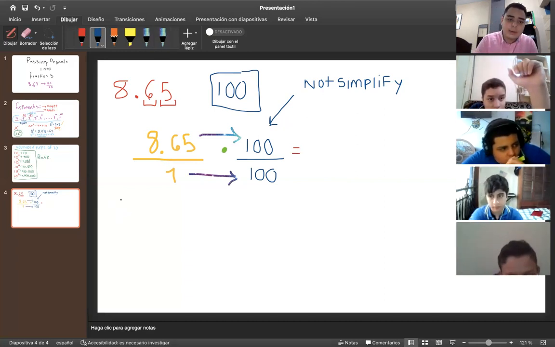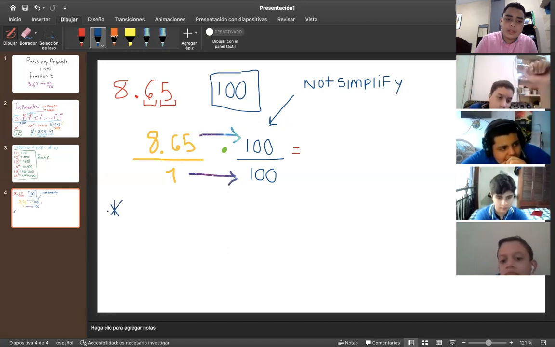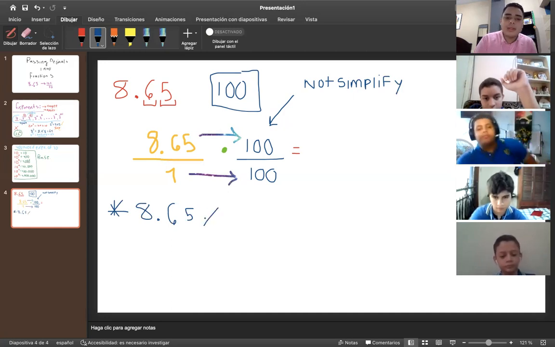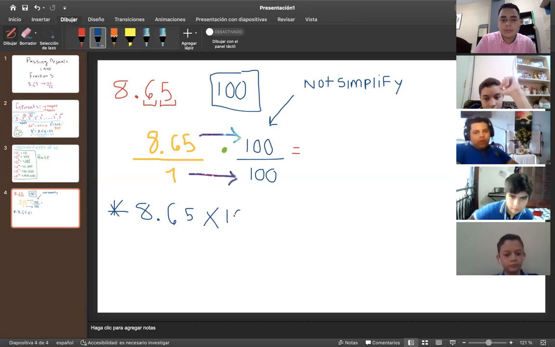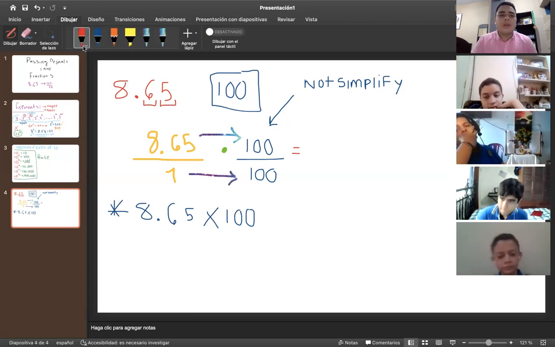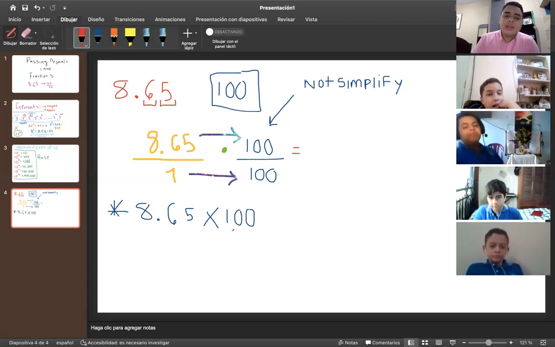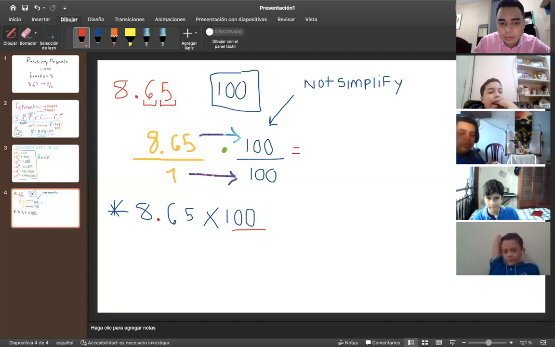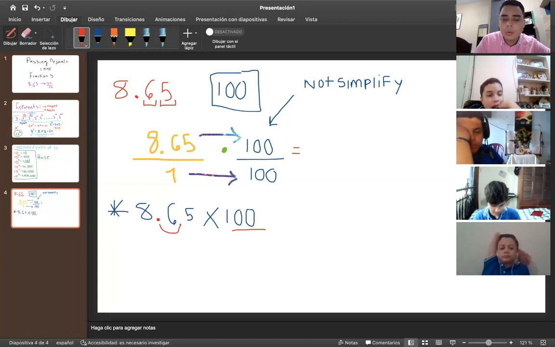Okay, let's see here. Let's put a parenthesis in here. If we have 8.65 and we want to multiply this times 100, we are going to do the following step. How many zeros do you see in this? 2, right? So you are going to take your decimal point and move it 2 steps, 1 and 2.